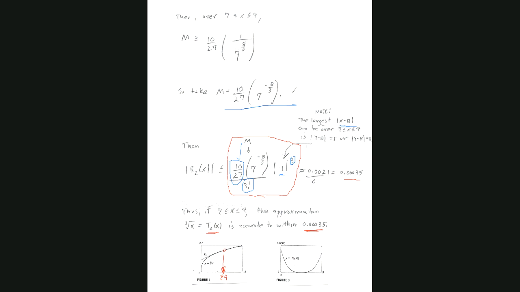But obviously, as you move far away from the a equals 8 value, like if you get over here close to 0, or past 3 right here, you can see the approximation starts to fail, right?